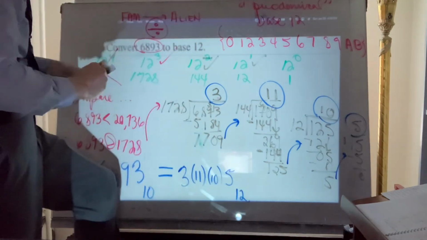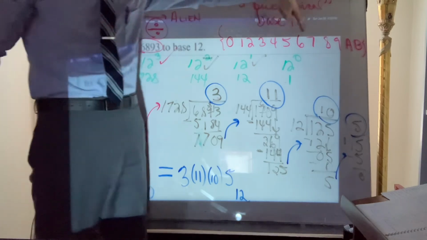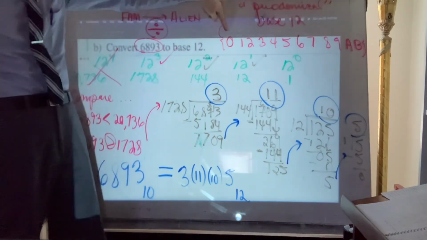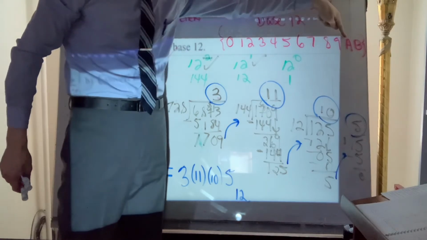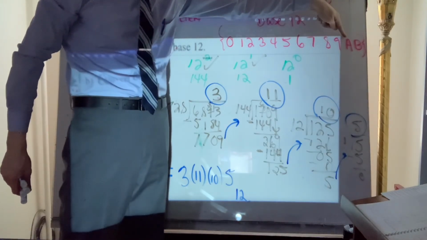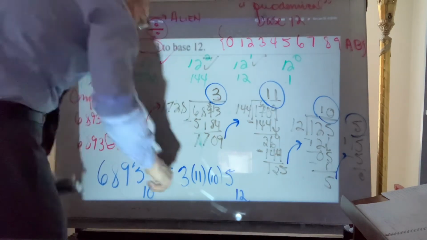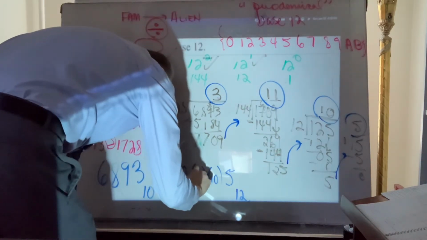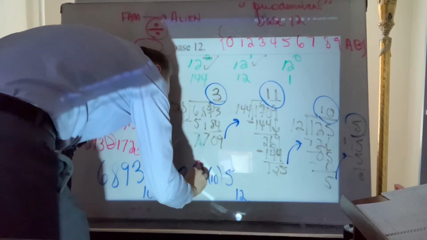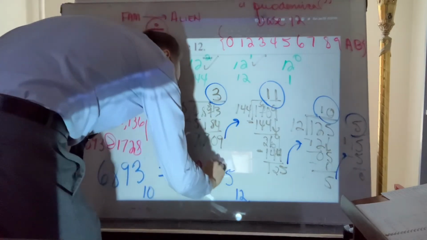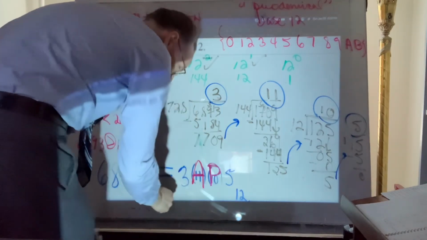All right? Because you're working in the character set of duodecimal. 10 is known as A in that system. 11 is known as B. So you really must put an A here in place of what would be 11, and a B here, pardon me, vice versa.